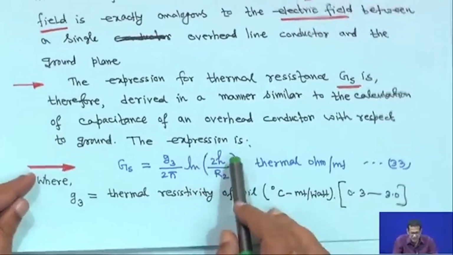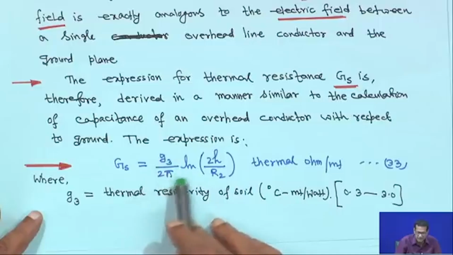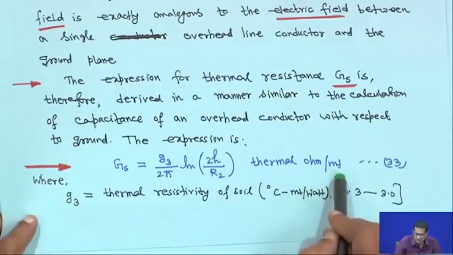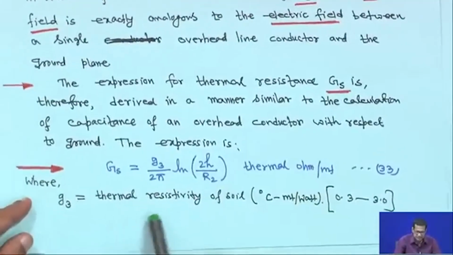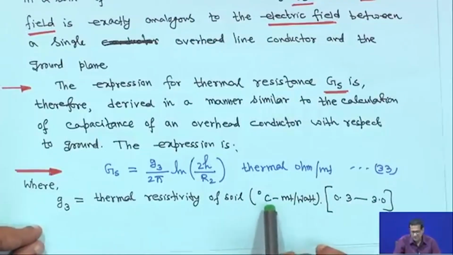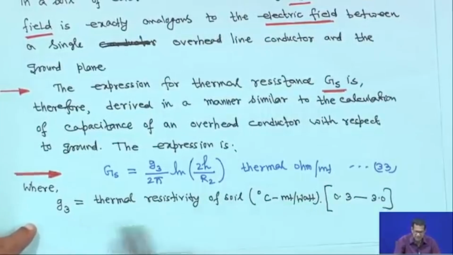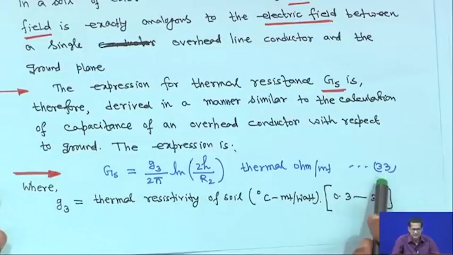Therefore, directly we can write Gs is equal to G3 upon 2 pi ln 2H upon R2 thermal ohms per meter, where G3 is the thermal resistivity of soil, in degree centigrade meter per watt, and its value varies between 0.3 to 3. So, this is equation 33.